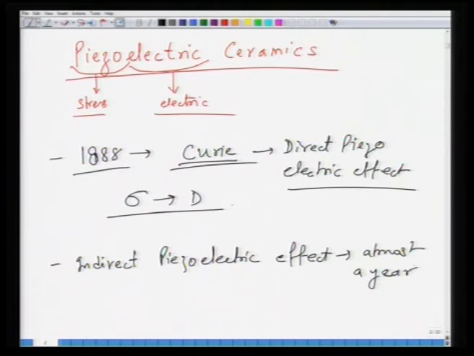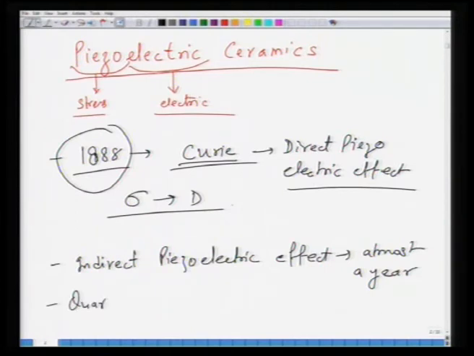So, roughly around the 1880s, you had these studies by Curie, which led to the direct piezoelectric effect, followed by the demonstration of the indirect piezoelectric effect soon after. This was then later studied in a variety of materials.